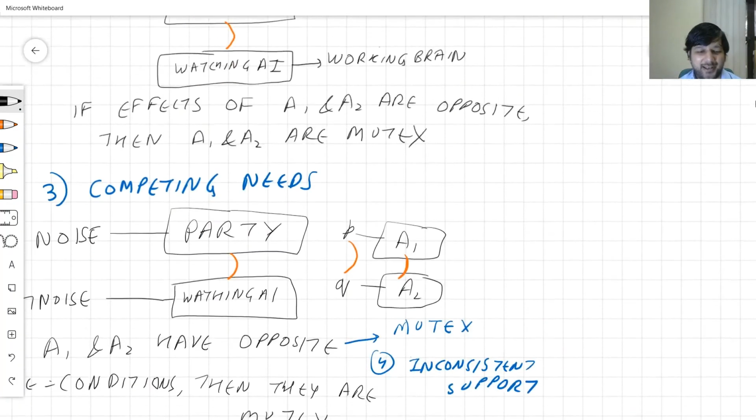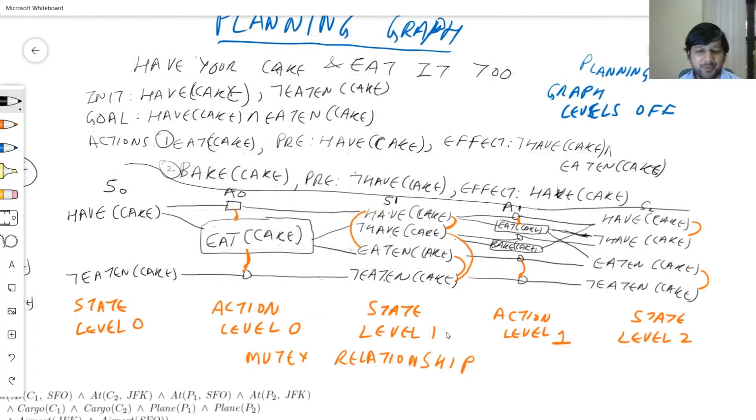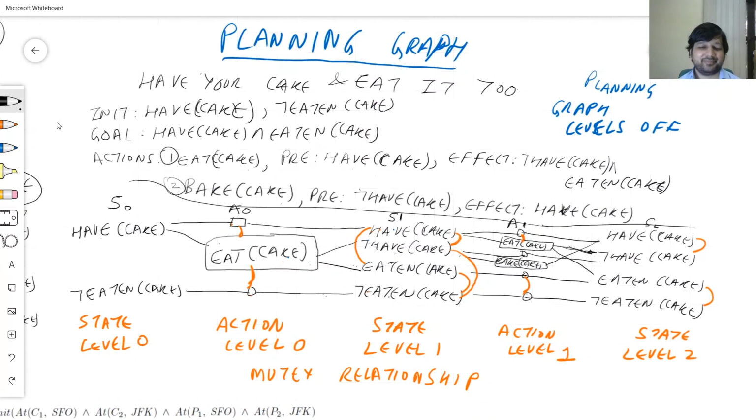So coming back to my older problem right here, A0 and eat cake have a mutex with each other, so I can only select one of them. That's a constraint. Let us say I select the eat cake. That means I cannot select this persistence action as well. Using it, what do I get? I get the effects of this action and I get the effects of this action.